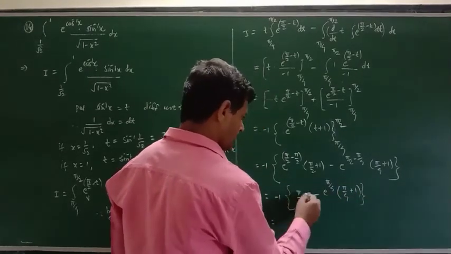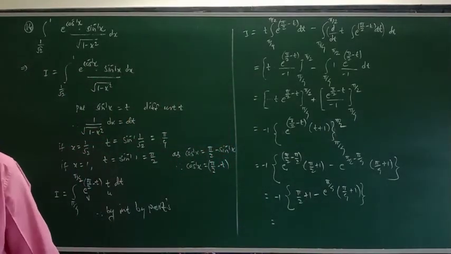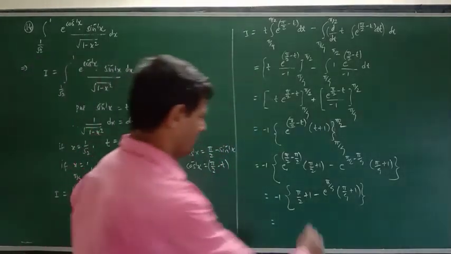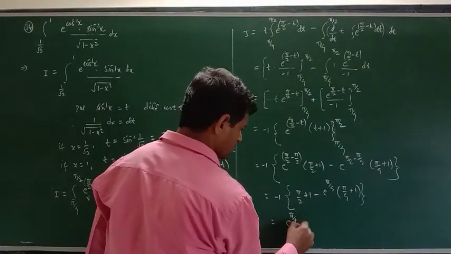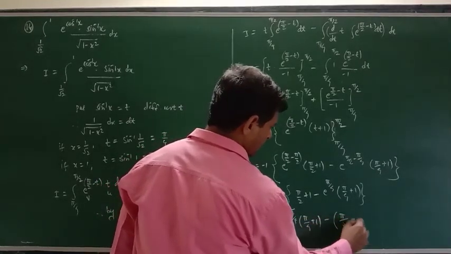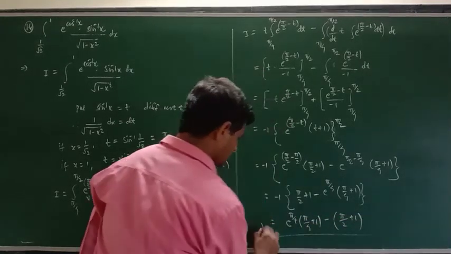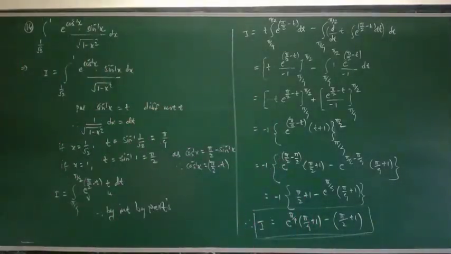Okay, so the final value is, this is the final value of the definite integration. Negative sign, negative, negative, positive: e raised to pi by 4 into pi by 4 plus 1, minus pi by 2 plus 1. This is the final value of this definite integration.